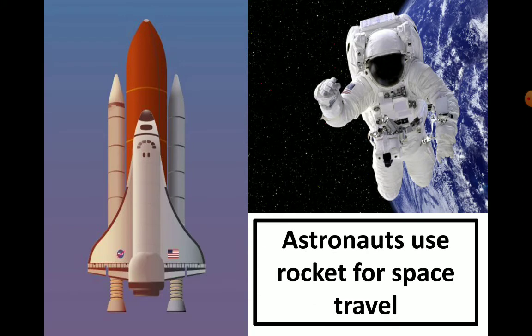Astronauts use rocket for space travel, for going to the space. Yes, there are many astronauts who have gone to moon and different planets. So if you want to go to space, you have to be an astronaut and you can travel in a rocket.